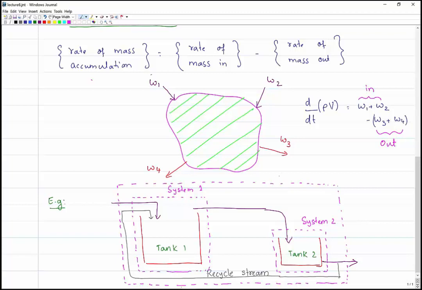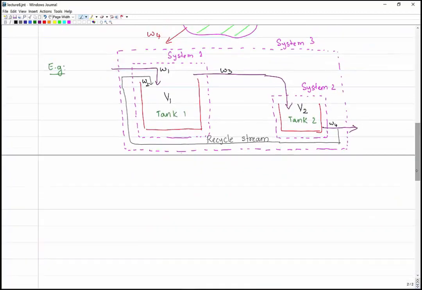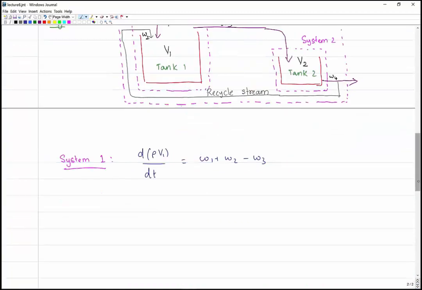So for system 1 in this case, the rate of change of mass in system 1, or tank 1, is going to be equal to the rate of fluids coming in, W1 plus W2, minus W3, the rate at which they're leaving the tank. For system 2, similarly, there's one stream entering, one stream leaving, and therefore on the right-hand side you will have W3 minus W4.